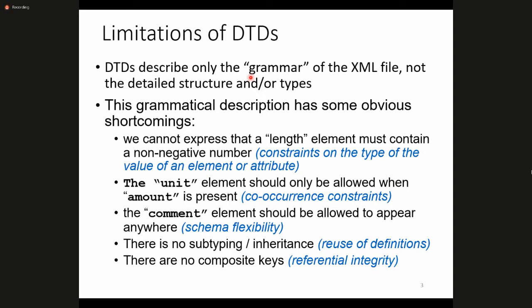We can't define such things. The unit element should only be allowed when amount is present, and the comment element should be allowed to appear anywhere. So there are these kinds of disadvantages or shortcomings in XML DTD.